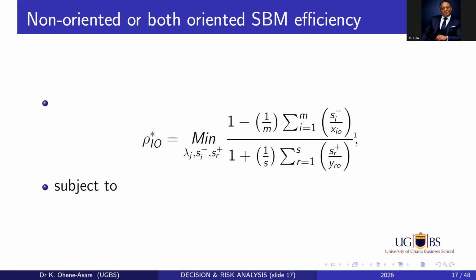Then there is the non-orientation. Now, if you check this non-orientation here, it is using an optimization problem, and the optimization problem that it is using is a minimization. It's using a minimization, which means that even though it's a ratio, it is trying to minimize the entire ratio.